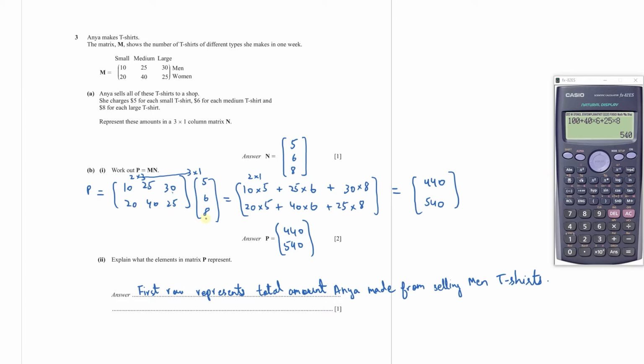So the number of large shirts is multiplied by the price of one large shirt, and they are all then added together. So the second row represents the total amount she made from selling women t-shirts.